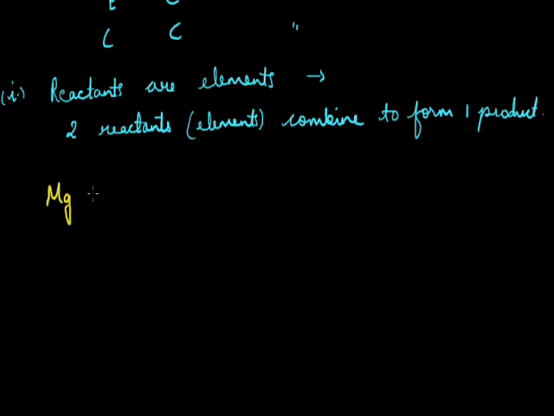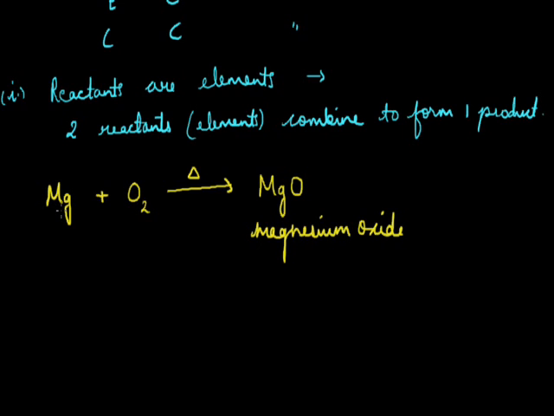When magnesium ribbon is burnt in the presence of oxygen, it will form magnesium oxide, and you'll see it will be in the form of white, ash-like powder. So this is magnesium oxide. Here magnesium is an element and oxygen in its elemental form is combining with magnesium and producing magnesium oxide.